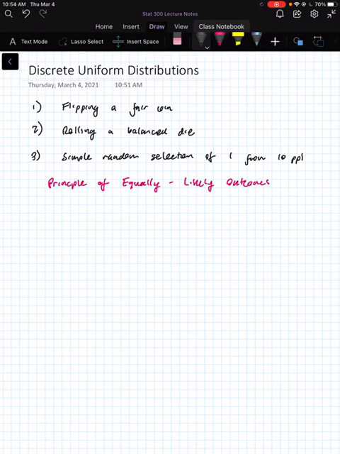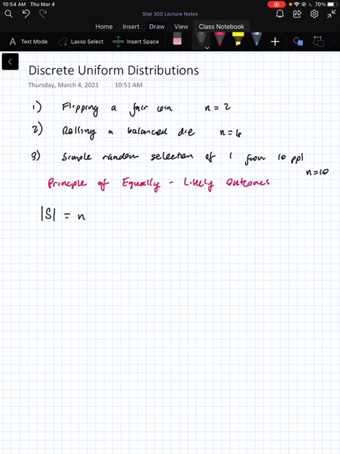So we can think of this as a sample space that has n outcomes. The first one has 2, heads and tails. For the balanced die, we have 6 for 6 sides. And from the simple random selection of 1 from 10 people, we have 10.